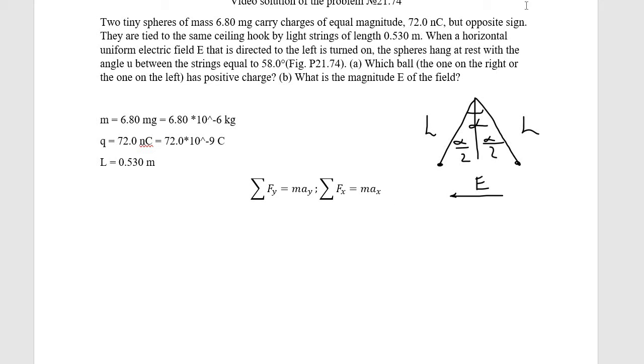After that, we can rewrite it as the formula for T, that equals mg over cosine of half of the angle, so it would be alpha over 2.